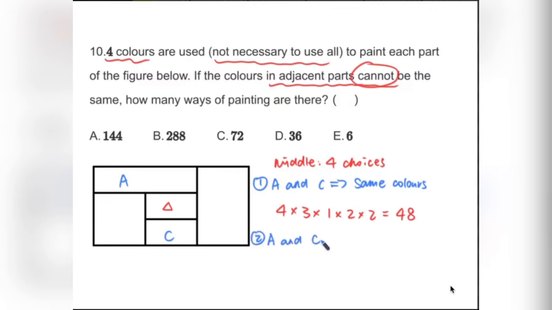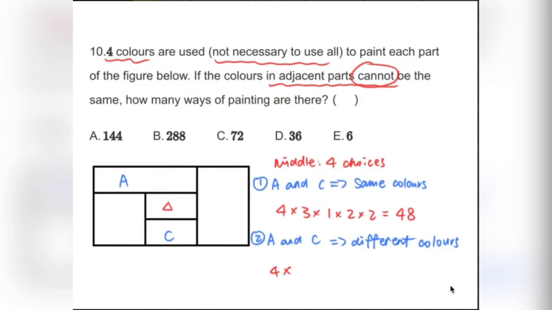If I already showed you the first case is A and C have the same color, then the last one, you will see that they have different colors. And if they have different colors, what about the number of possible ways? Again, we know the middle one gets 4. Then let's move on to A. For part A, how many colors can you choose?